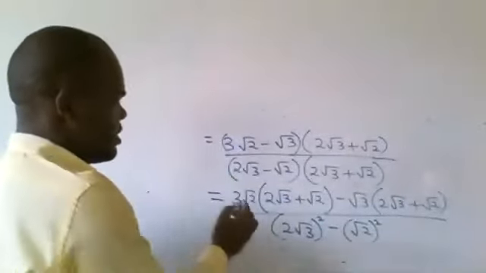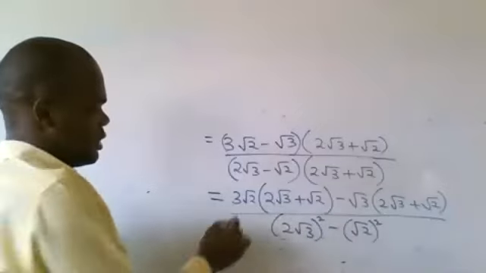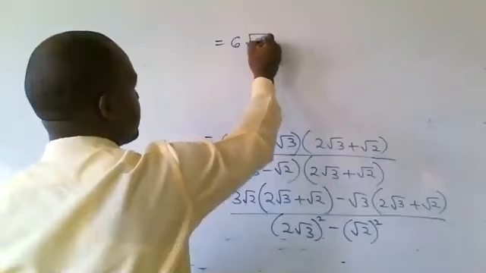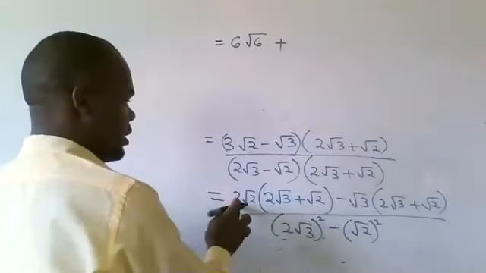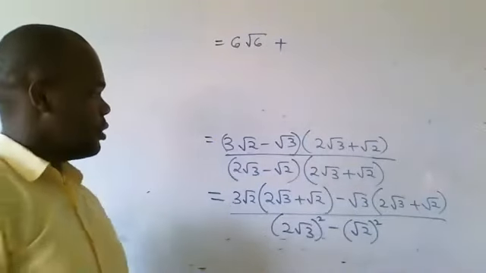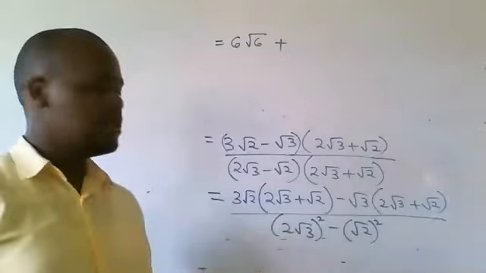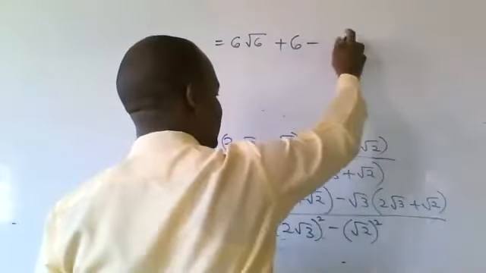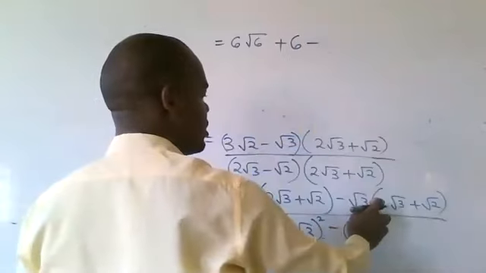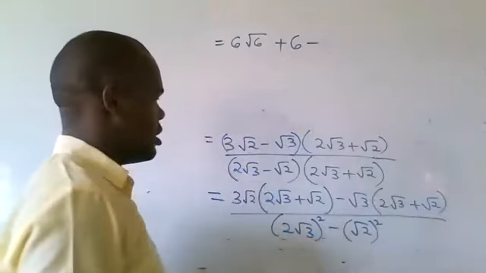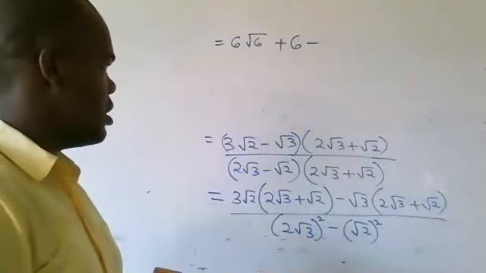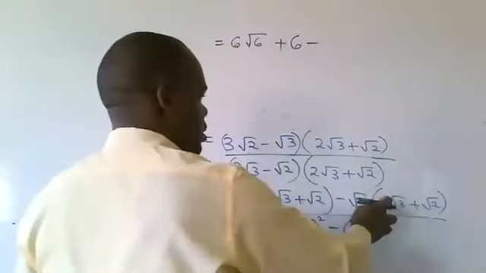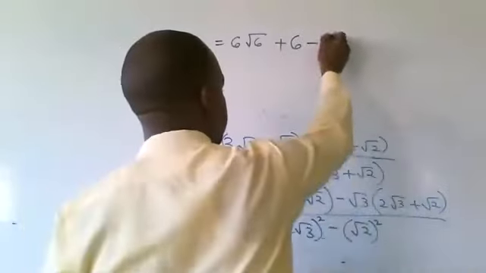Now, this one is 6. 3 times 2 is 6, and then this is square root of 6. So it will be 6 square root of 6 plus 3 square root of 2 times 2. Then that gives me 3 times 2, which is 6. And then minus, this is 2 times 3 is 6.